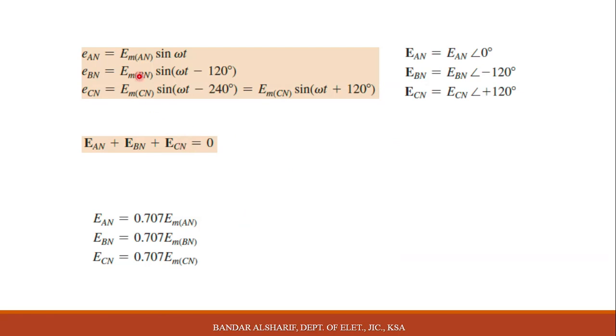Similarly here, since we have a phase shift of 120 degrees between each phase, you can notice that we wrote here the phase shift of 120, and for ECN we wrote minus 240. Minus 240 we can write as plus 120.